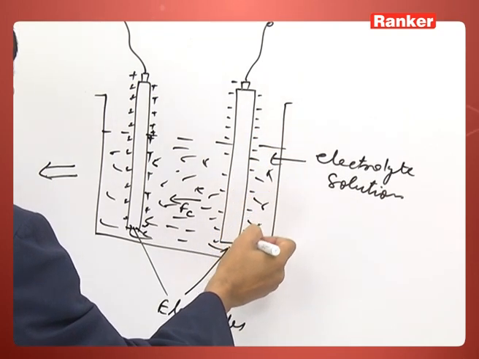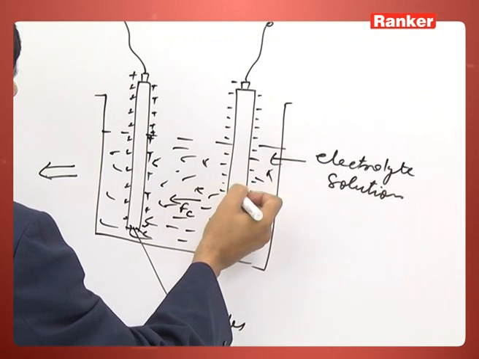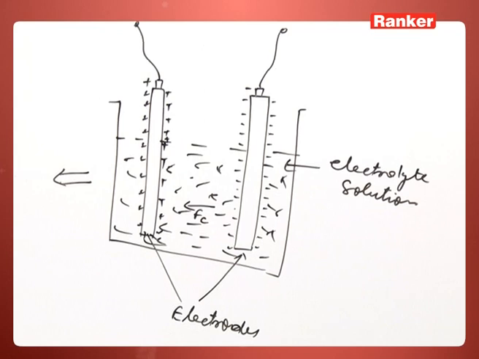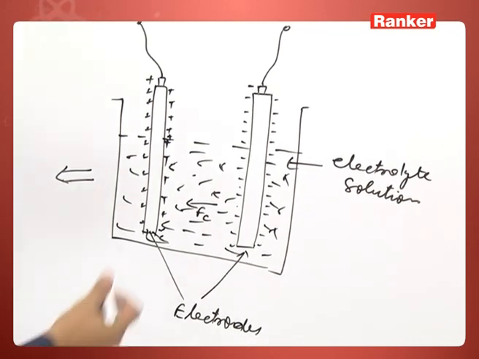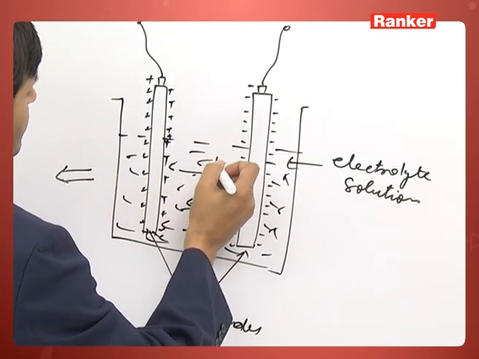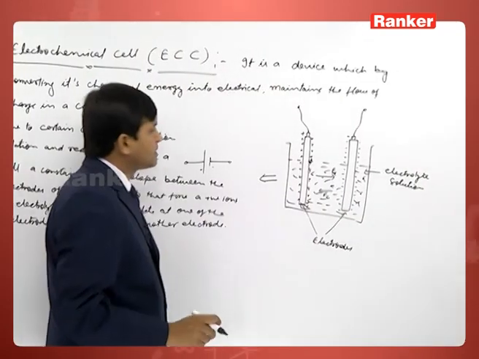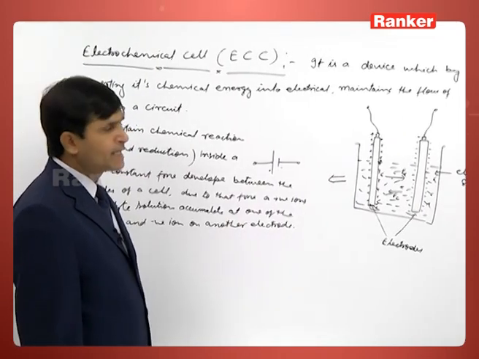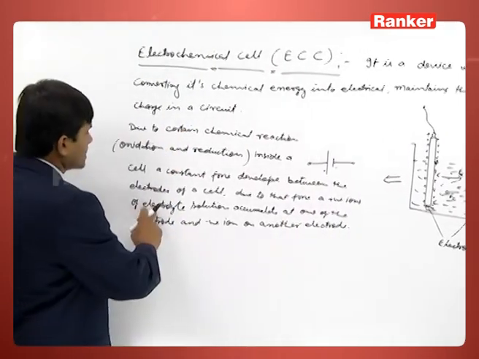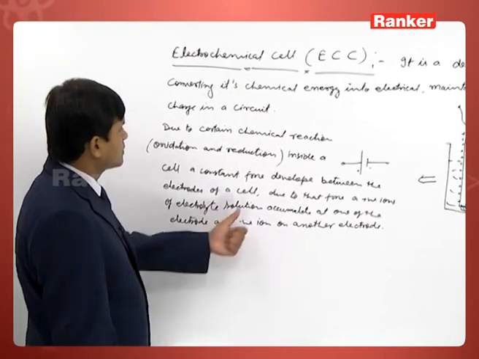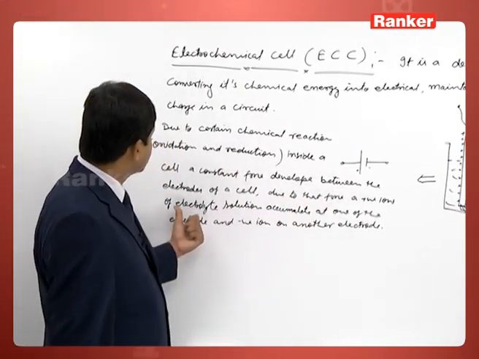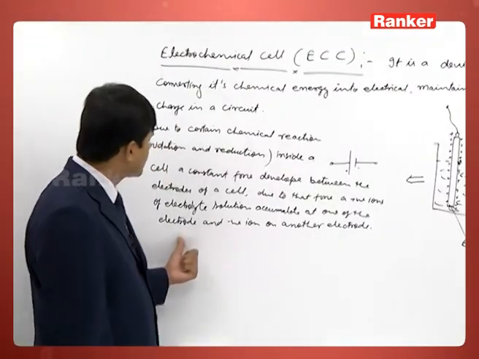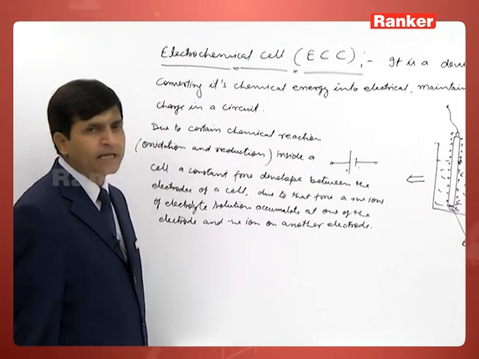Due to this positive and negative ion accumulation, an electric field is established from the positive electrode to the negative electrode.